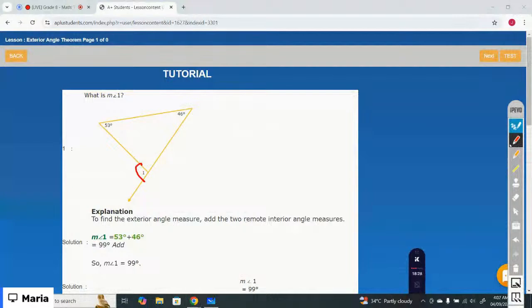The exterior angle theorem states that this angle is equal to the sum of the other two angles, not this one, right? The two interior angles on the two other lines. So you need to calculate angle 1 by adding the other two angles. You need to add 53 plus 46, that is 99 degrees, right?